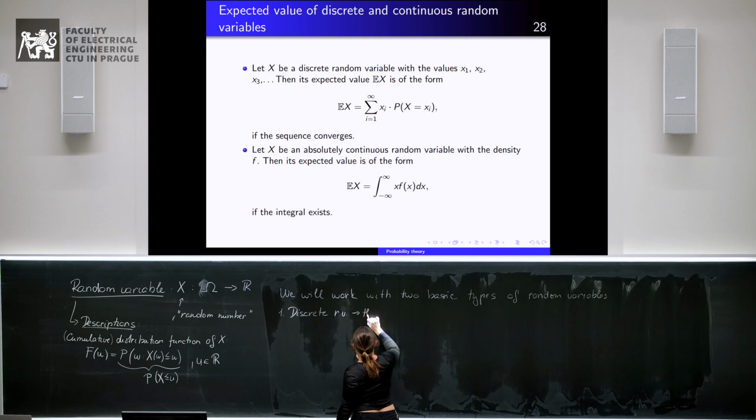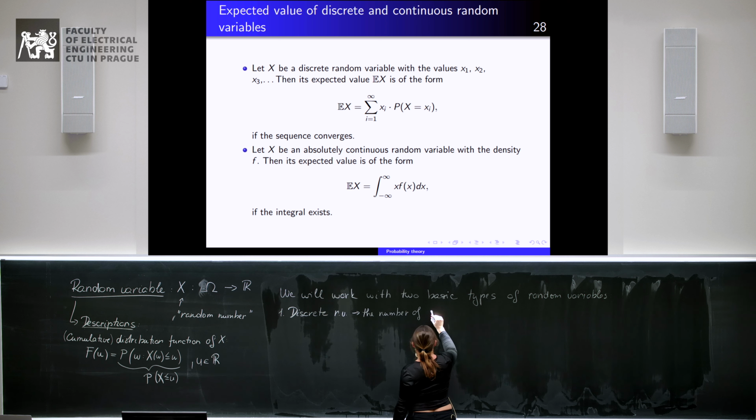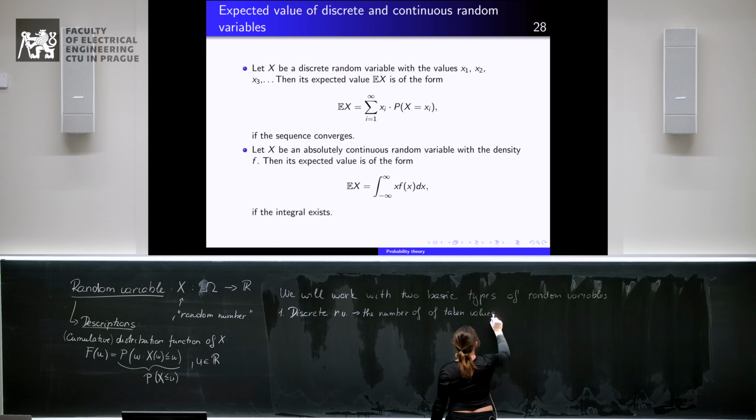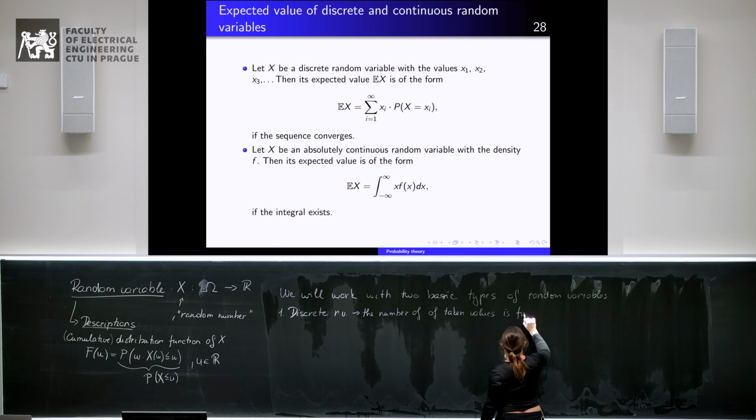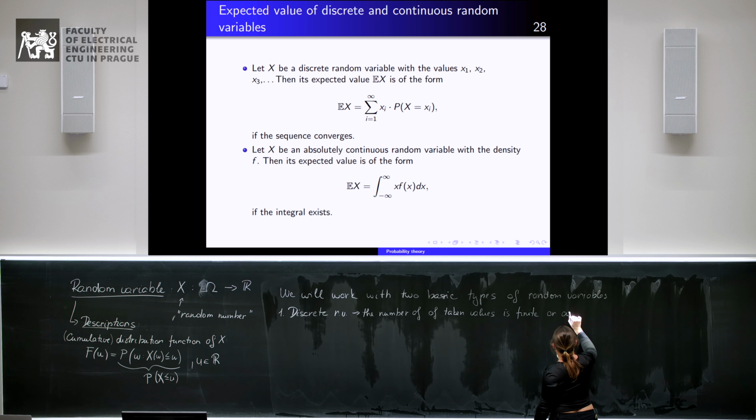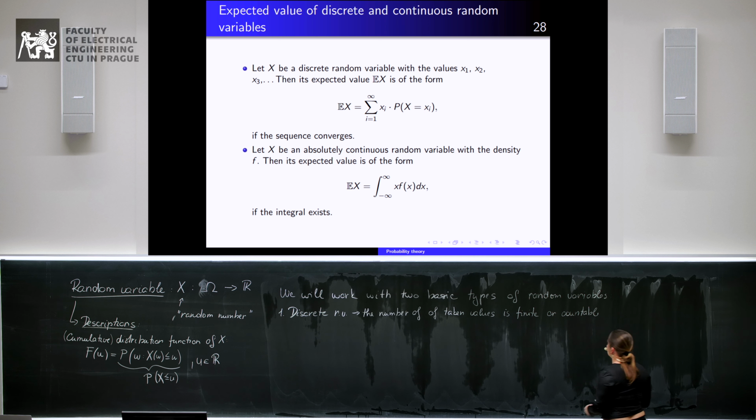meaning that the number of taken values is finite or countable, meaning countably infinite.